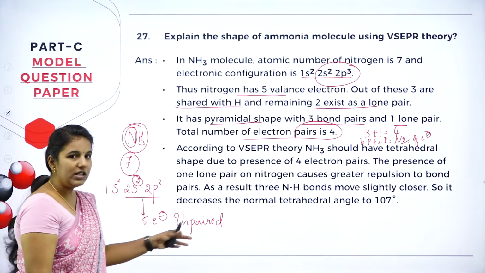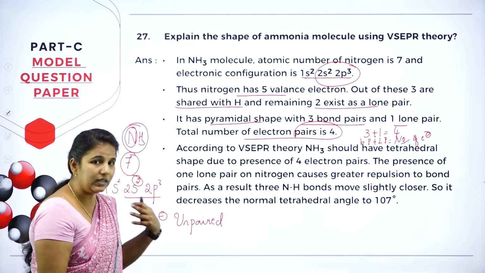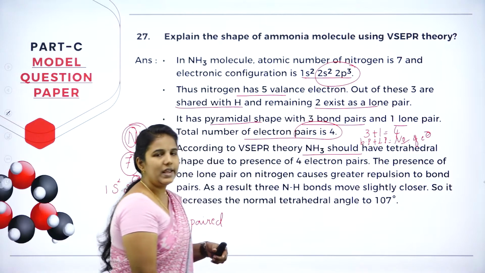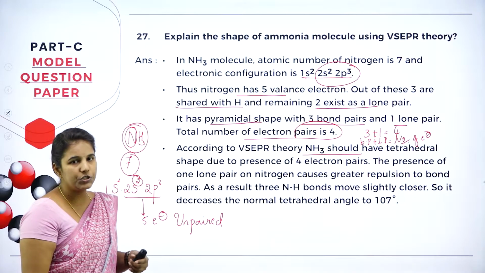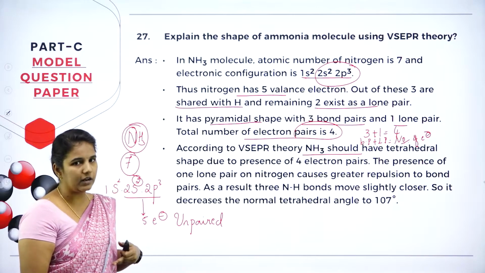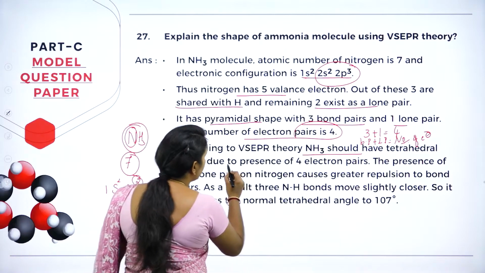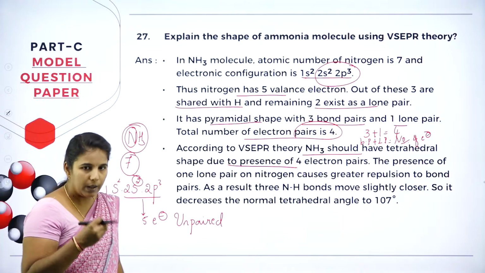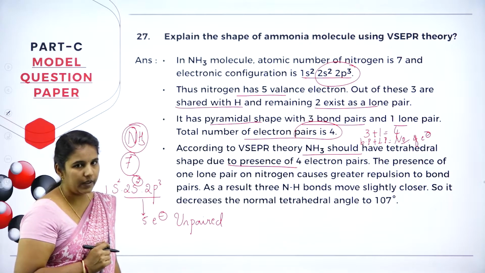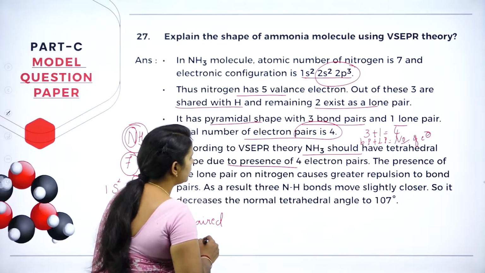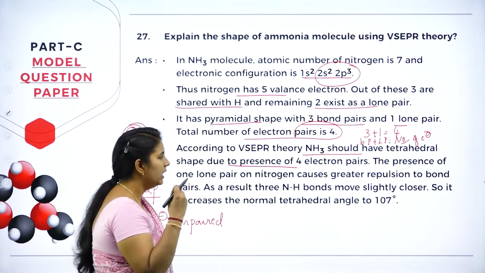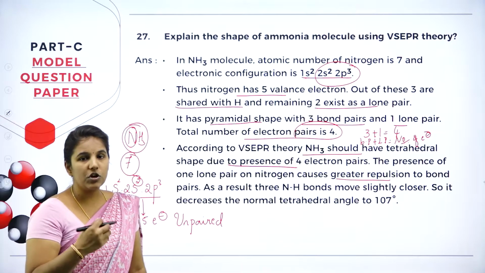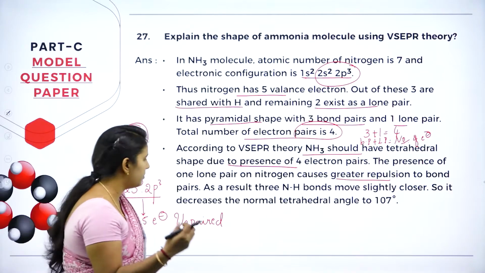Now, according to VSEPR theory, if you are predicting the shape, we must know that the ammonia molecule will exhibit a tetrahedral arrangement because it has 4 electron pairs. Among them 3 are bond pairs and 1 is a lone pair. This lone pair of electrons on the nitrogen causes greater repulsion to the bond pairs.